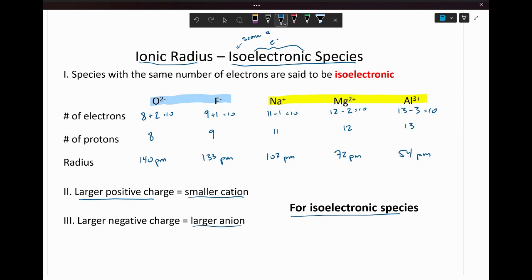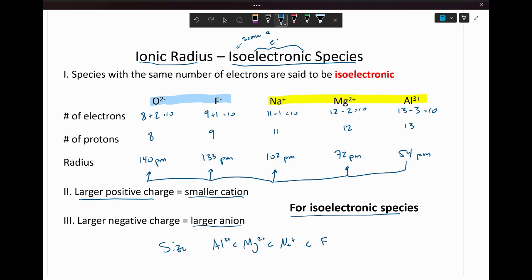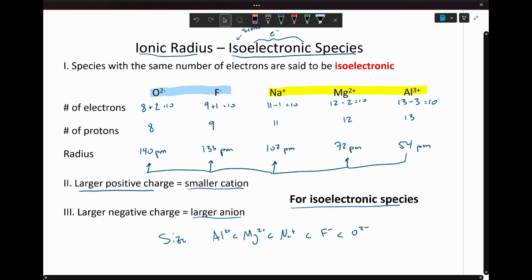And so for our isoelectronic species, we'll go from highest positive charge when we're ranking them in terms of size to highest negative charge. And so if we talk about their size, what we'll say is that aluminum is smaller than magnesium, is smaller than sodium, is smaller than fluorine, is smaller than oxygen in terms of its ionic size.